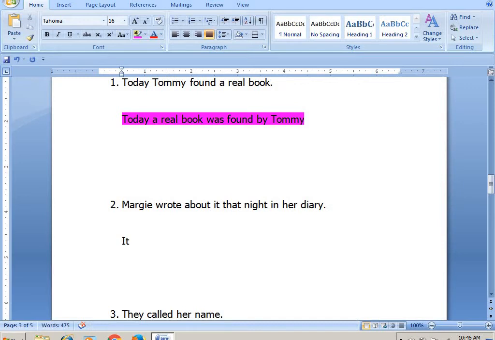It was written, W-R-I-T-T-E-N. Why written, students? The past participle of write: wrote, and then written. It was written about that night by Margie, M-A-R-G-I-E, in her diary.